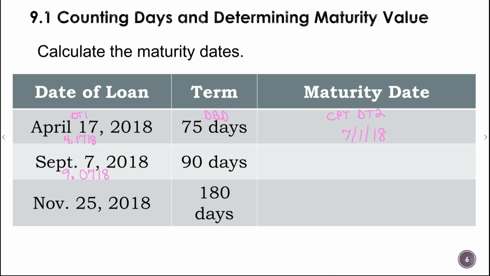We're going to put in 90 days for DBD and then compute, and it will be December 6th of 2018. November is month 11, so 11/25/18. Days between dates will be 180, so that's approximately 6 months. So our ending date is May 24th, 2019. All right, well, I'm going to stop this video and then I'll finish this lesson on the next video.